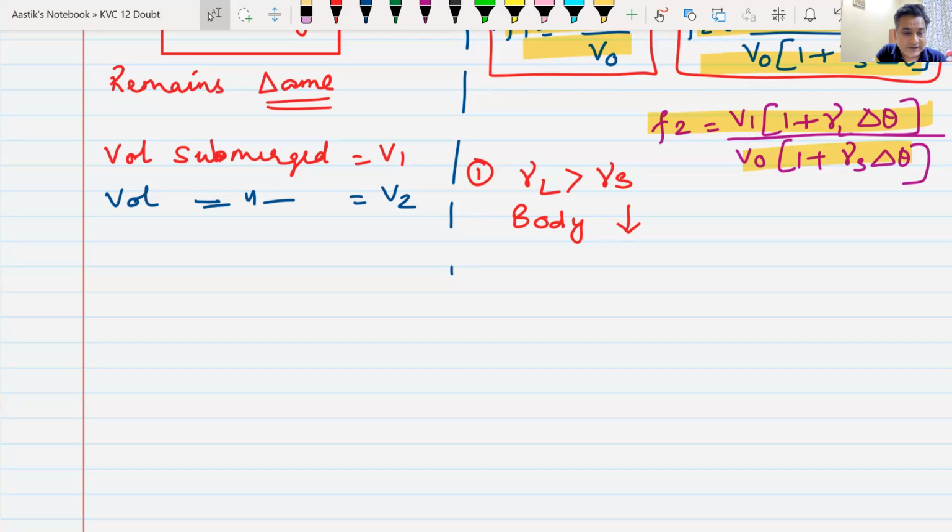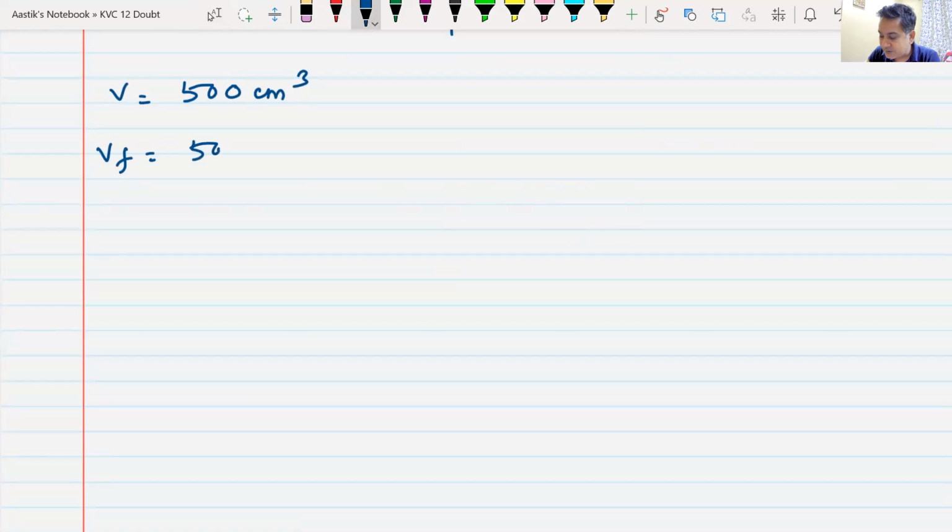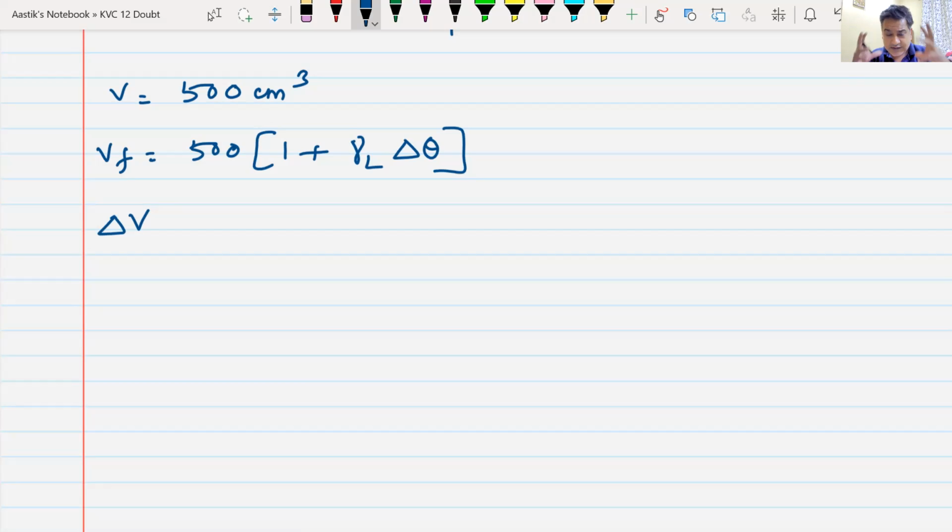I will just tell you what all things are given. The first thing that is given is the volume of water, 500 cm³. So you find the final volume of water, 500 into 1 plus gamma L into delta theta. Change in temperature is also given.